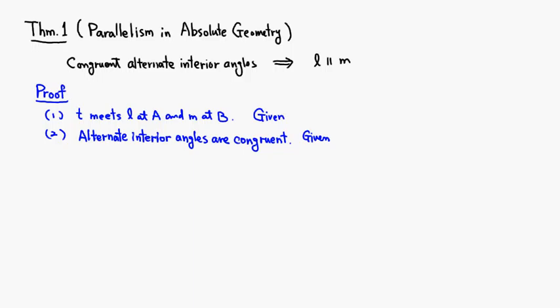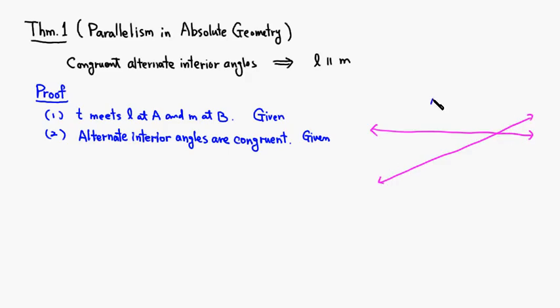Let's say you have transversal T meeting line L at A and line M at B. So you have two lines, and I'm going to draw it like this since I'm going to have an intersection point at some point.